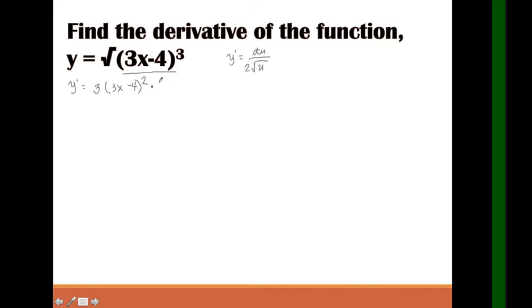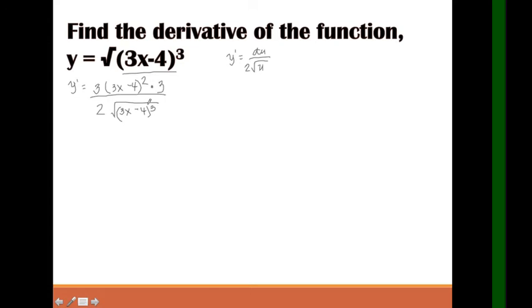So we need to multiply them. 3x is 3 and negative 4 is 0, so we have 3. And then over 2 square root of 3x minus 4 cubed, right?